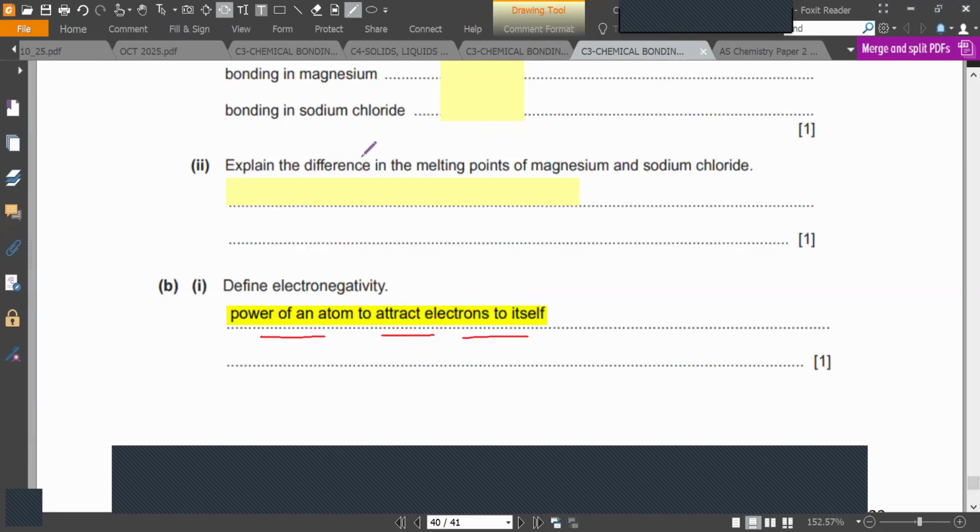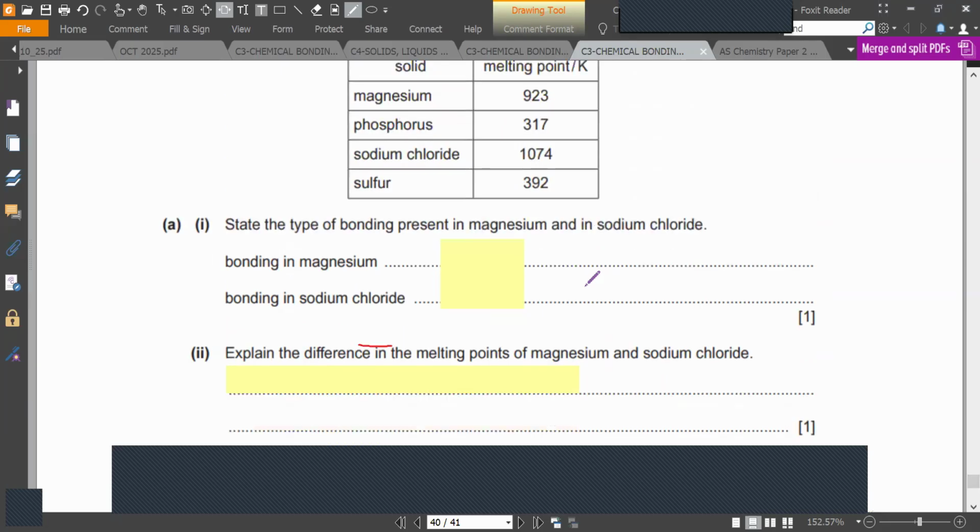Explain the difference in the melting points of magnesium and sodium chloride. What is the bonding in magnesium? What is the bonding in sodium chloride? We know that it is metallic and ionic.